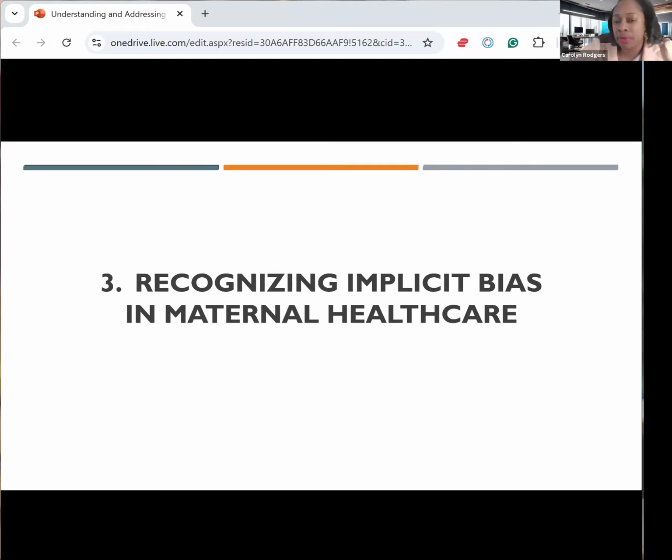Disparities in outcomes, that's another red flag. Why are there disparities in outcomes? That should be the next question that comes. So you need to analyze data for trends showing poor outcomes or satisfaction ratings among specific populations, because again, where there's smoke, there's likely fire. Then there's self-reflection. Providers can assess their own unconscious biases through tools like the implicit association test.